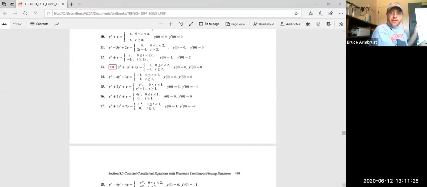And then we've got initial conditions. Y of 0 is 3, and y prime of 0 is equal to negative 1. All right, so I got everything on there.